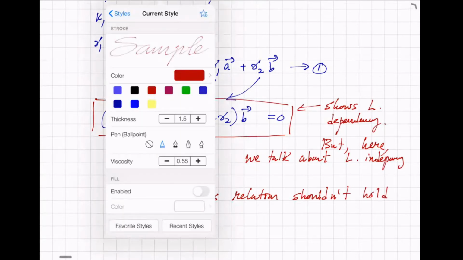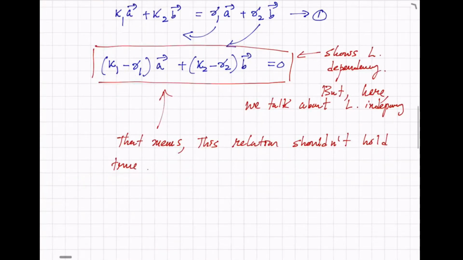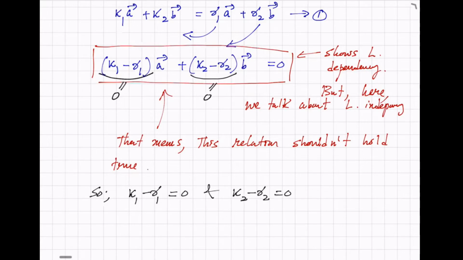So then what will happen? If this relation shouldn't hold true for linear independency, you can suggest that this term should be 0 and this term should be 0. So k1 minus gamma 1 should be 0 and k2 minus gamma 2 should be 0 under this construction.